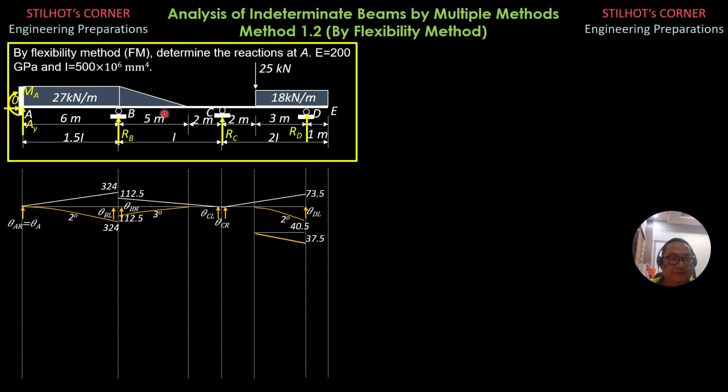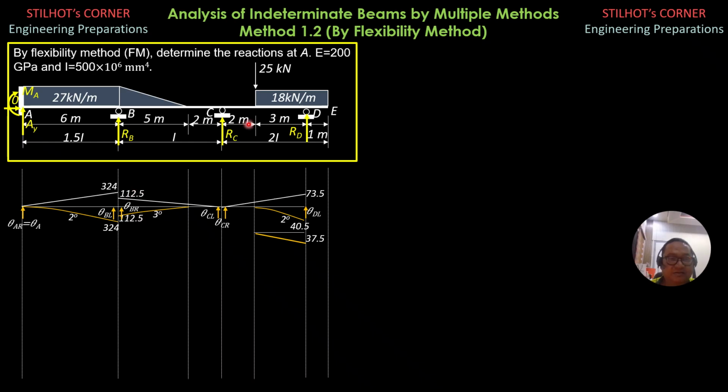Next is for this loading, 1/2 of 5 times 27 times 5/3 divided by 1, so that's still 112.5, and due to the reaction it's also 112.5.